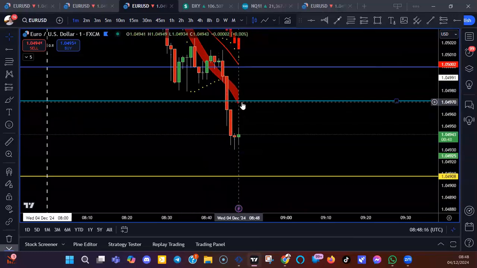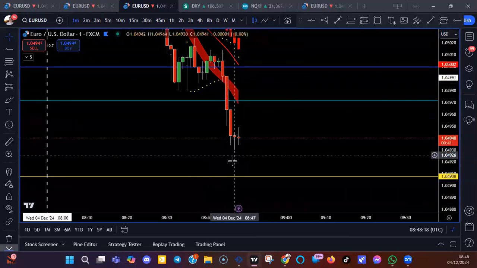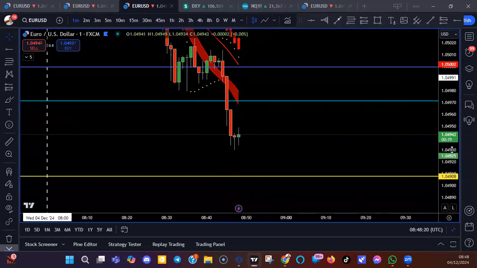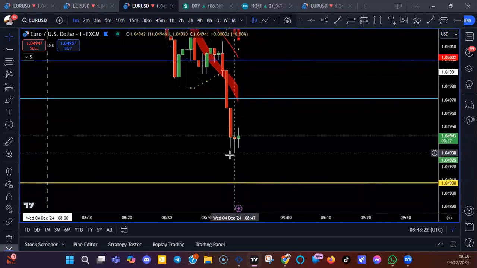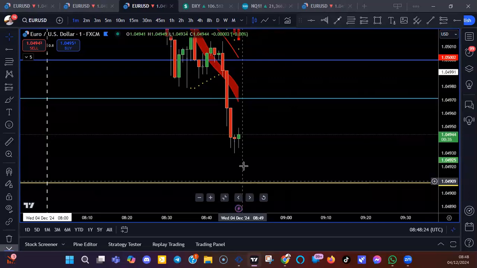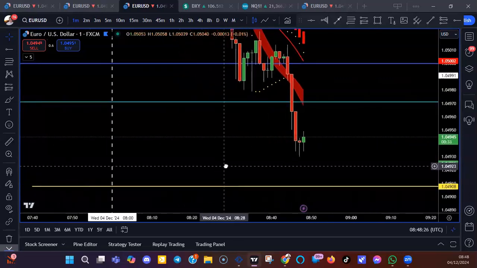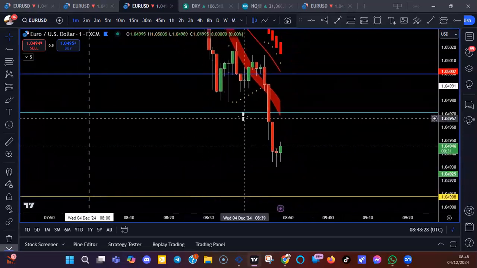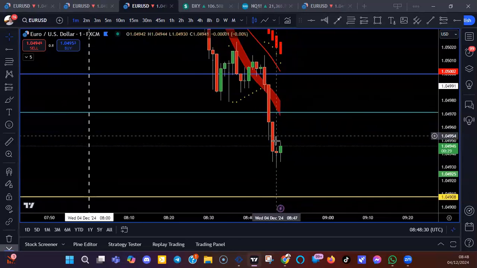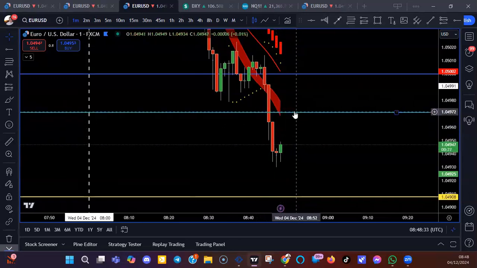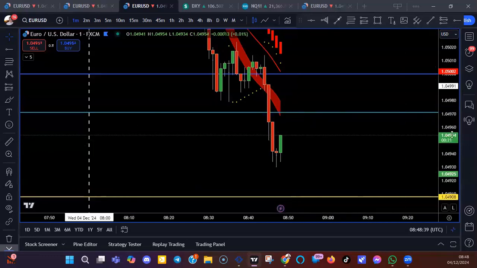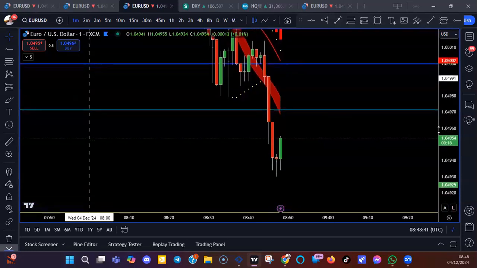So that's the 50% of that anomaly there, funnily enough. So if it creates a new low now, I'll have to recalculate, but that's the 50%. So price will at least want to come back to here, usually, especially on the bigger moves.